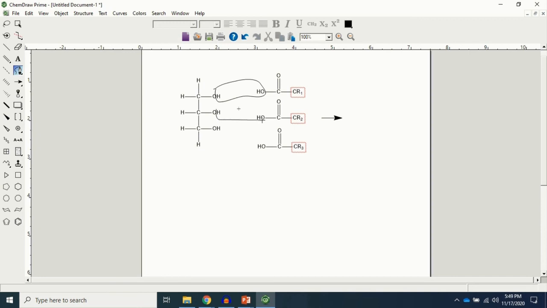Remember these three guys. These are the water which is going to go out from each one. And this is what's going to happen. I'm just going to first draw the structure, the backbone of the three carbons, and I'm going to first ensure that we got that portion correct.